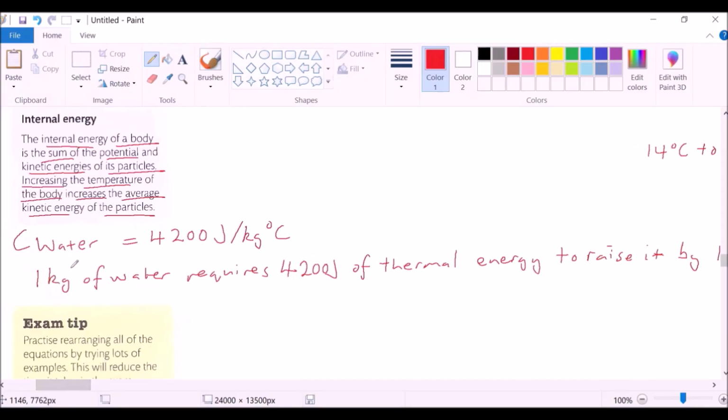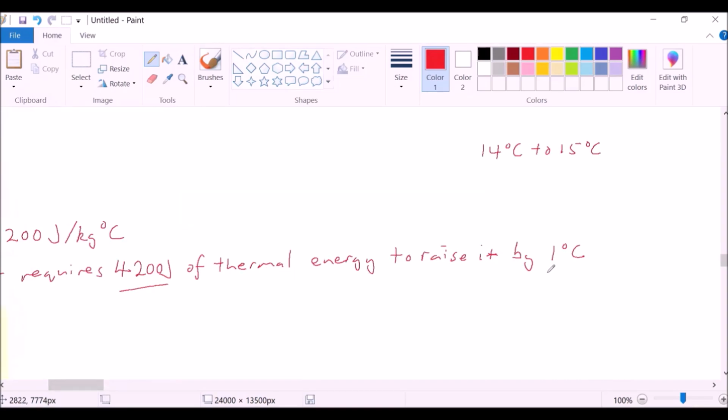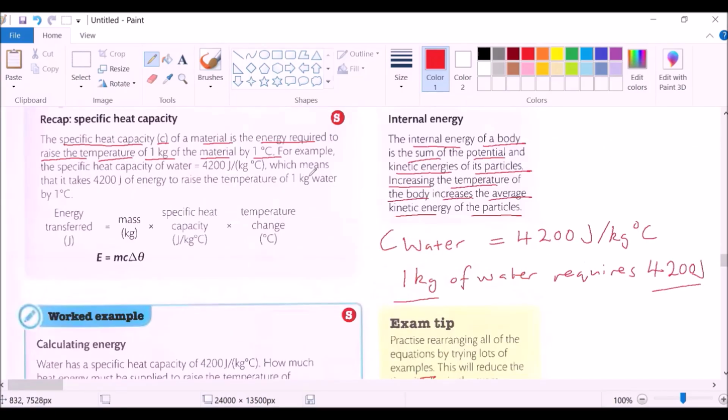So specific heat capacity is the amount of energy required to raise 1 kg of that substance by 1 degree Celsius. In other words, it takes 4,200 joules of energy to raise the temperature of 1 kg of water by 1 degree Celsius.